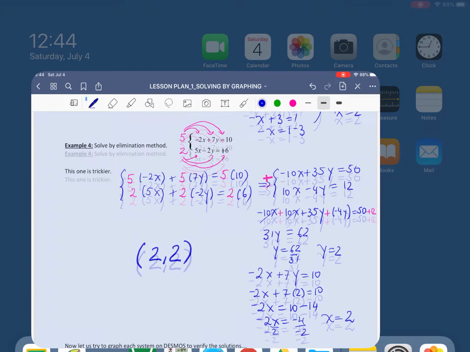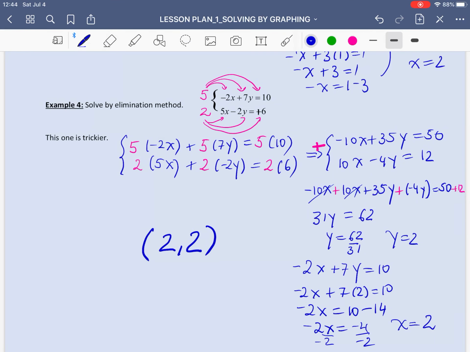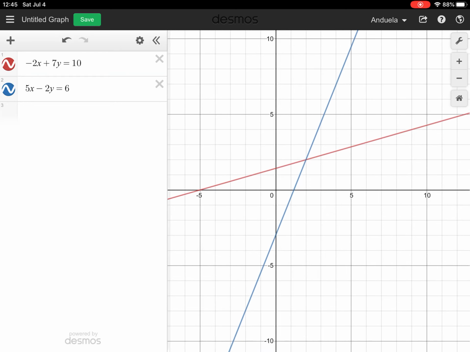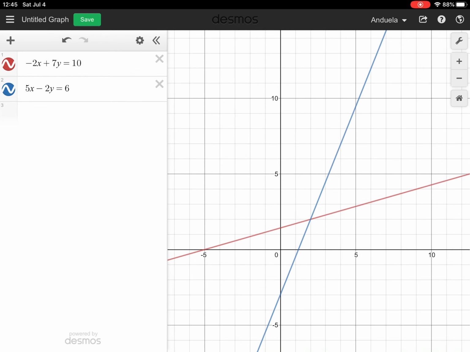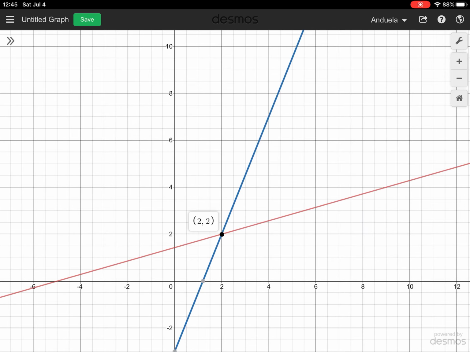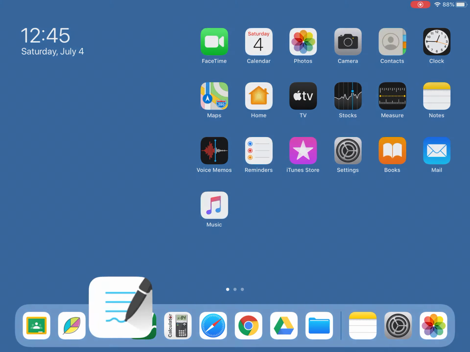And the second equation, just to make sure, 5x minus 2y equals 6. Okay, so let's take a look at the intersection point. It's right here. The intersection point is at 2, 2, so our solution is correct.